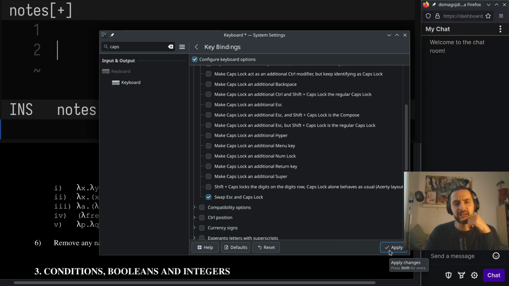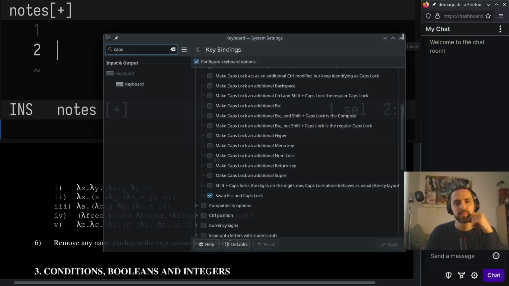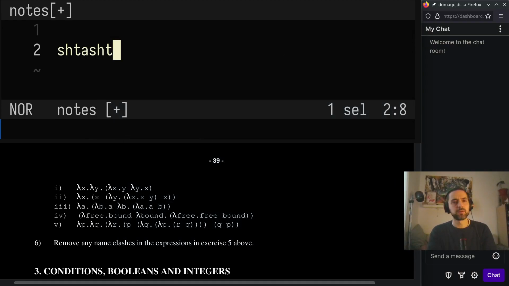Maybe Plasma can, because I didn't have that problem in Plasma. Let's try apply, switch, and then let's do. Ah, look at this. See. Okay.